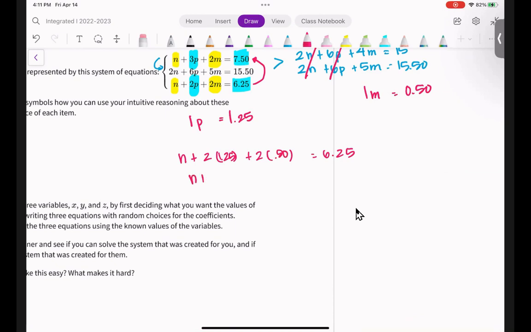So n plus $2.50 plus $1 equals $6.25. And so that's $3.50. So n plus $3.50 equals $6.25. If I subtract, n would be $2.75. And there goes your answer.